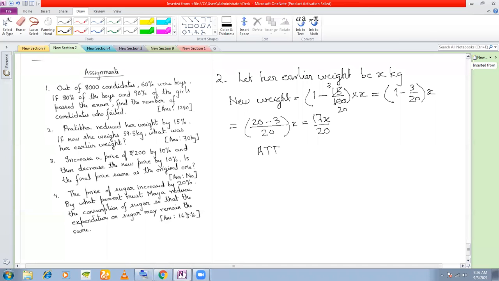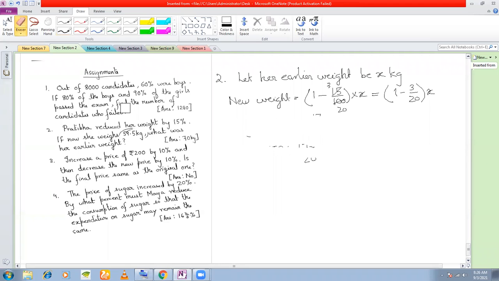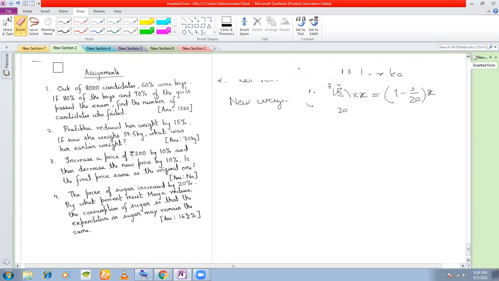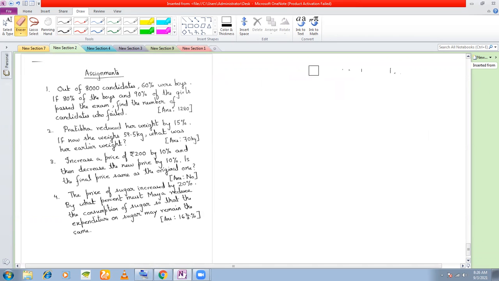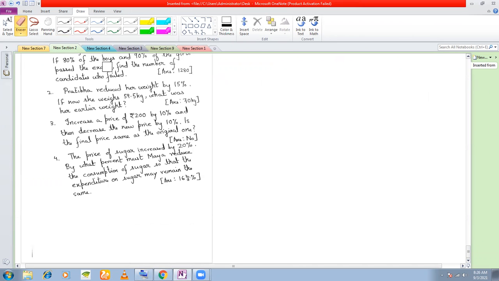According to the problem, this new weight that you have got, how much is it equal to? If she now weighs, her present weight is 59.5. So this must be equal to 59.5. So now you can solve this equation and get your answer. I'm not doing anything any further. Okay. Next question.